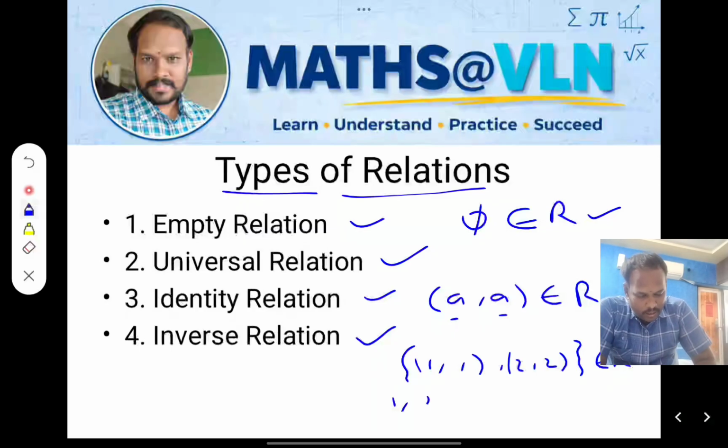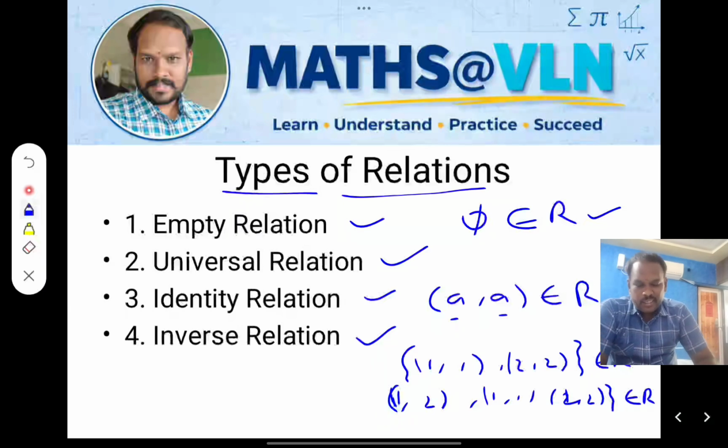For example, if (1,2) is there in that relation along with (1,1) and (2,2), it is a relation, but it is not an identity relation. Why? Because additionally we have (1,2), another ordered pair involved in this.